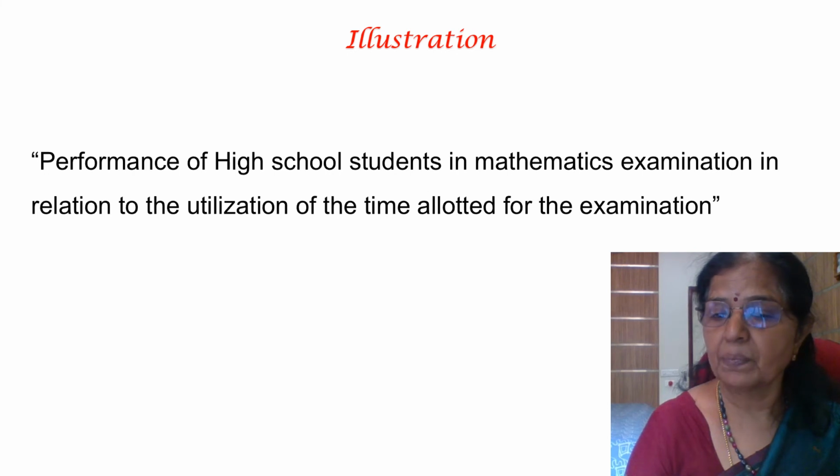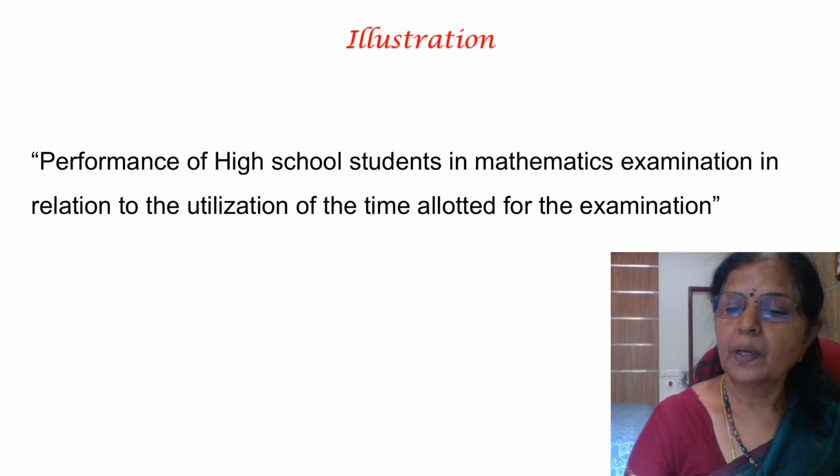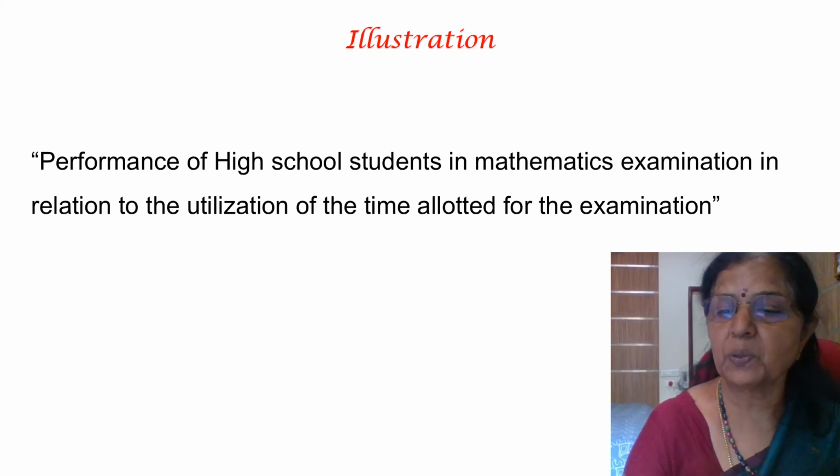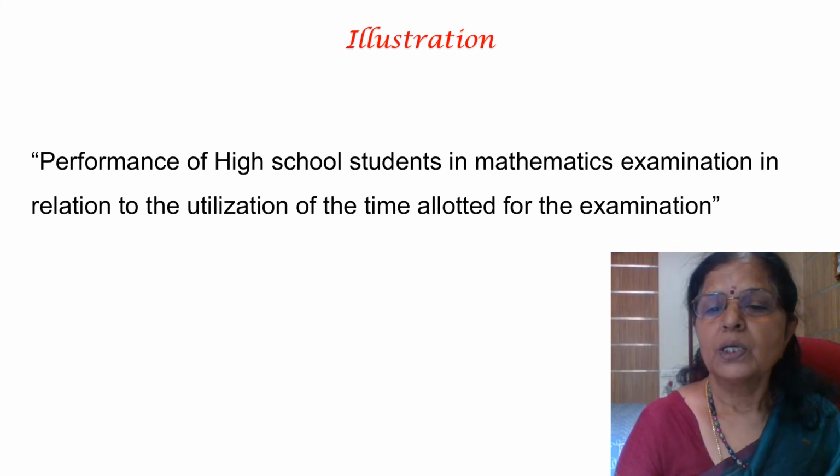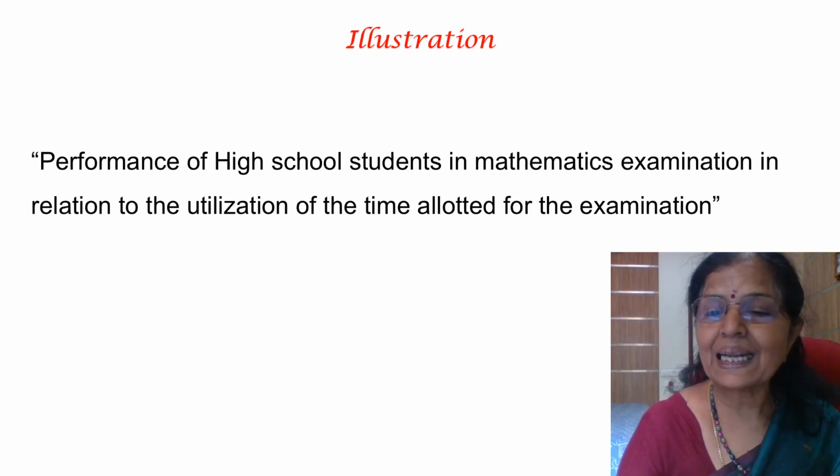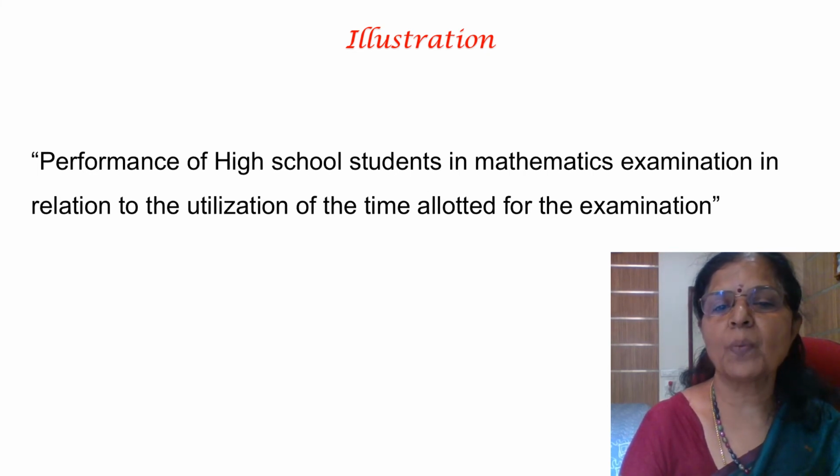Because the utilization of the examination time is going to influence the performance of the students in mathematics. So the performance becomes the dependent variable and the utilization of the time becomes the independent variable in my study. So I'm going to see the relationship between these two variables, IV and DV. So I'm choosing this topic.